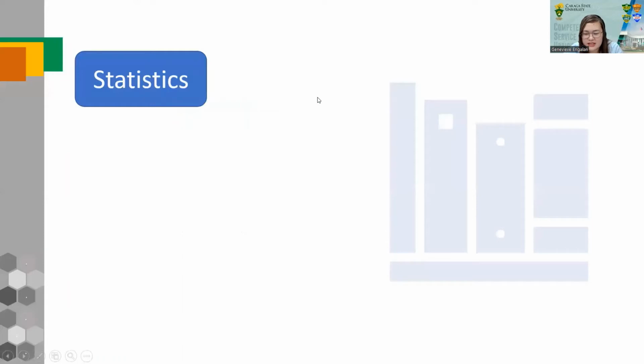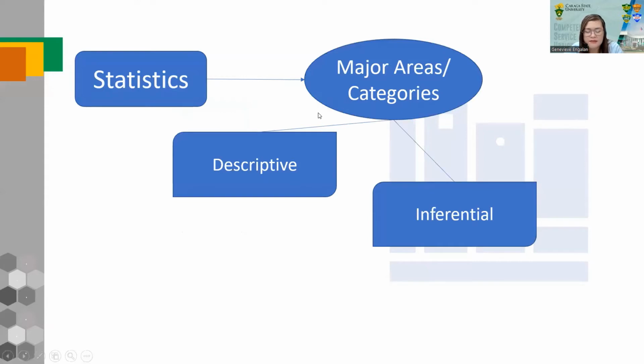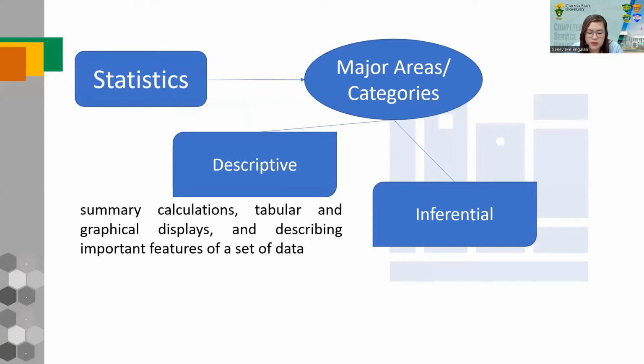So in statistics, naa siya two major areas or categories. We have the descriptive and the inferential statistics. So when you say descriptive, from the word describe, ang iyahang buhaton is iyaha lang ipakita ang summary calculations, tabular and graphical displays, and describing the important features of a set of data.